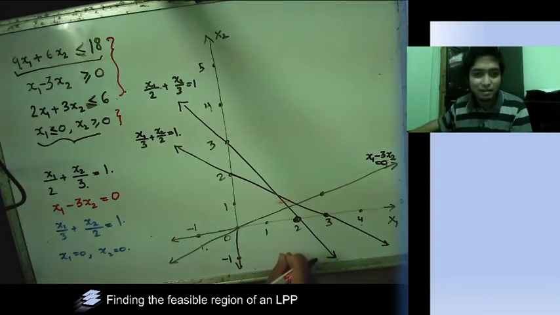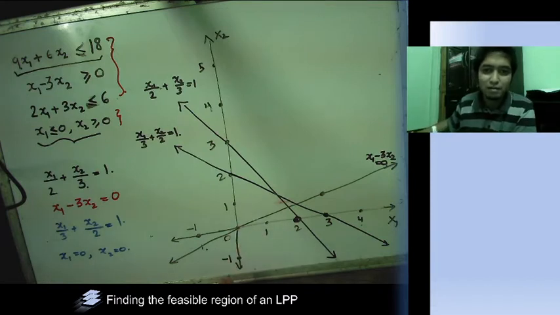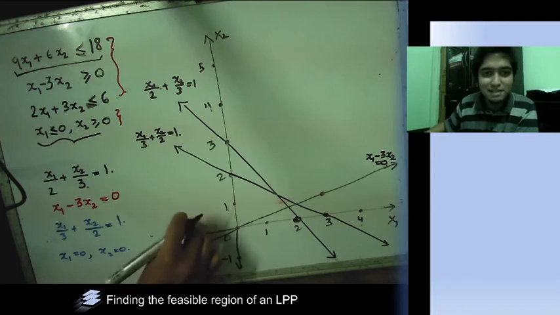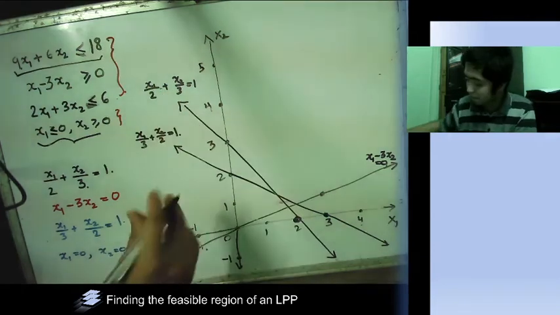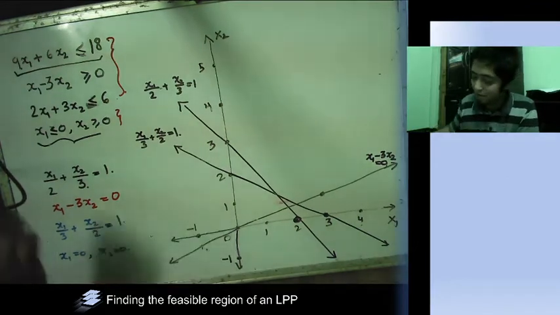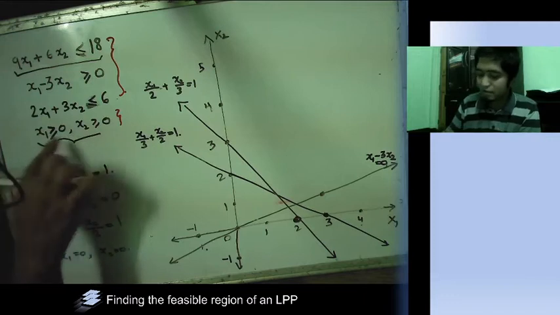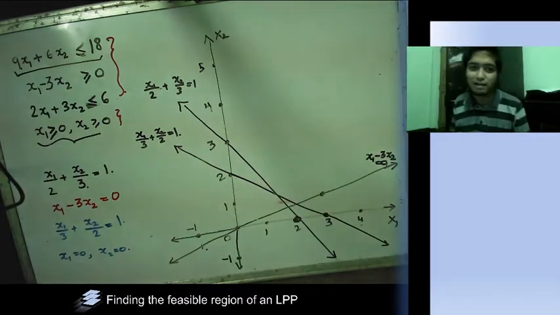Where x1 is negative and x2 is positive, that is the second quadrant. But let us stick with our original example where both of them are greater than or equal to 0. That is why it is in the first quadrant.